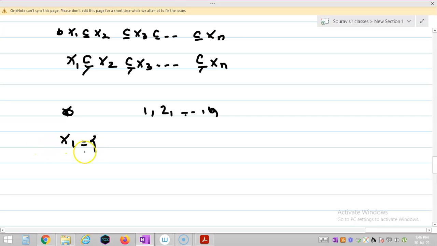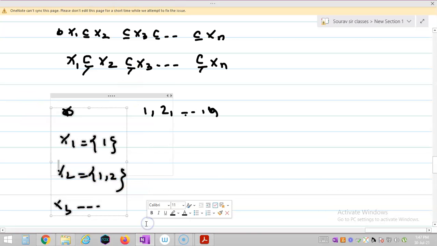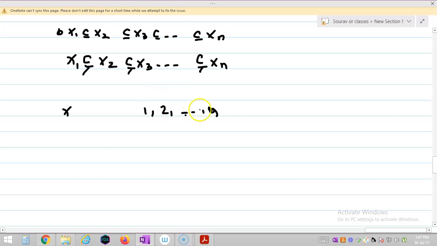Let me explain it another way. Observe that xn contains 1, 2 up to n, all the n elements.